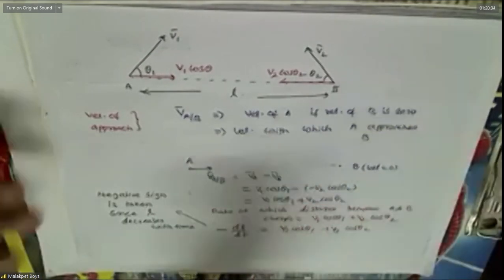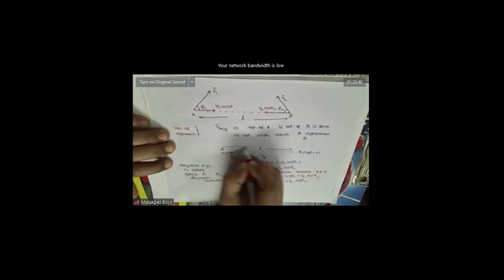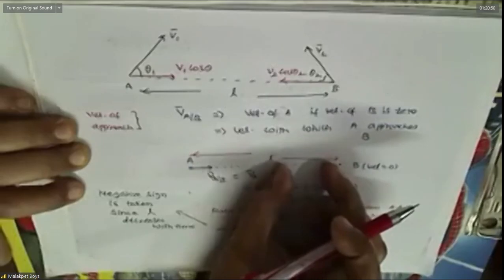Understood this? Sir, how is L decreasing with time? When A is coming here, what happens to L? Initially it is L. As A is coming, L is decreasing or not? Yes, sir.